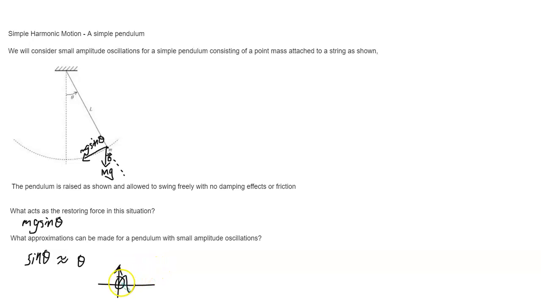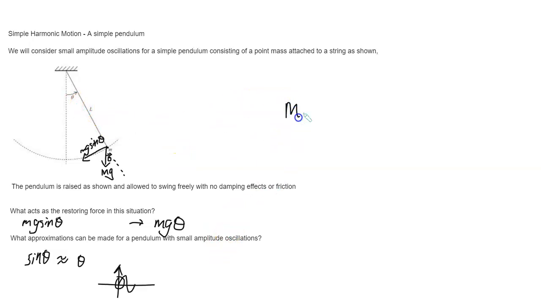So that looks like theta, essentially. So you can use that approximation, which means your restoring force is now going to be mg theta as opposed to mg sin theta.